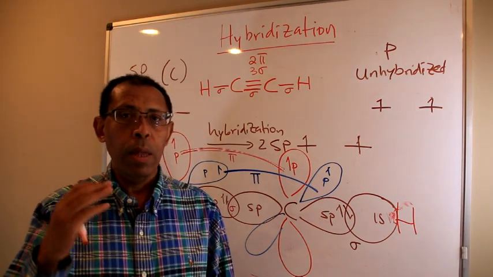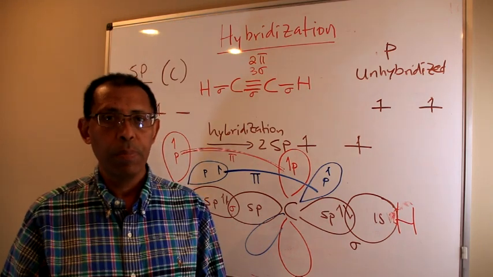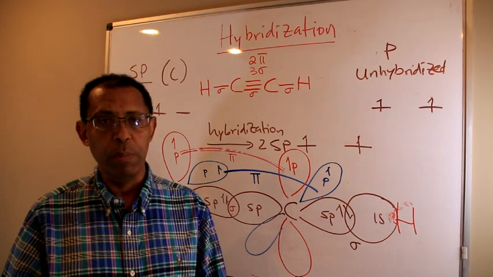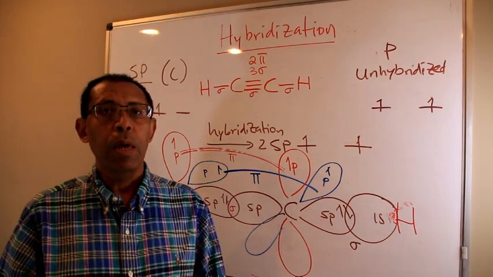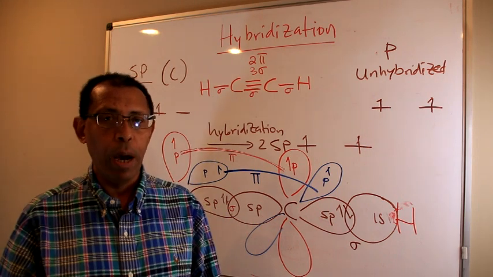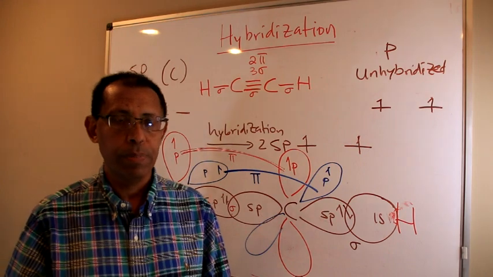So now sp3 always makes all sigma bonds. sp2 makes 1 pi bond and 1 sigma bond, that means a double bond. sp hybridized orbitals can make 2 pi bonds and 1 sigma bond, that is a triple bond.